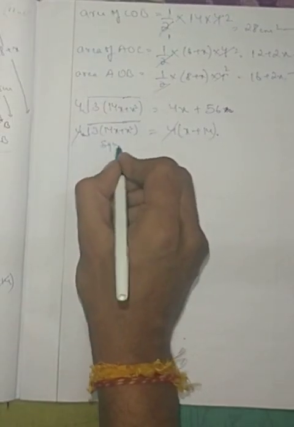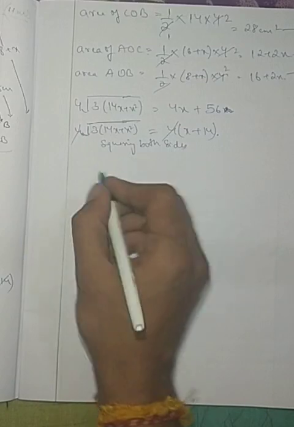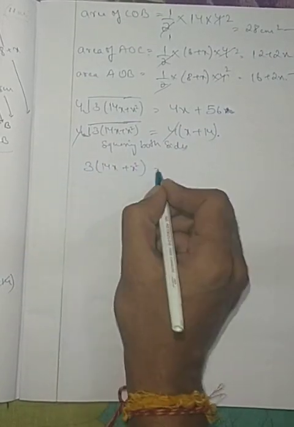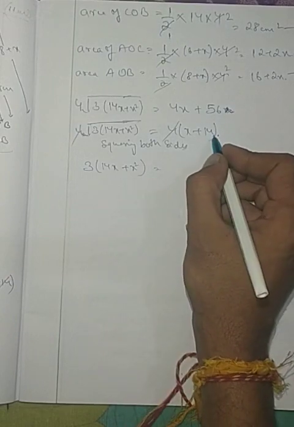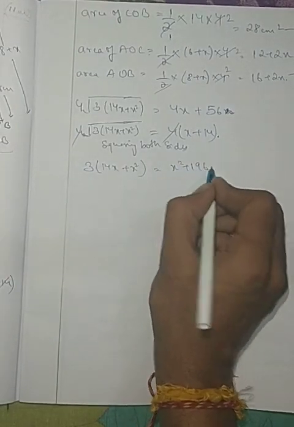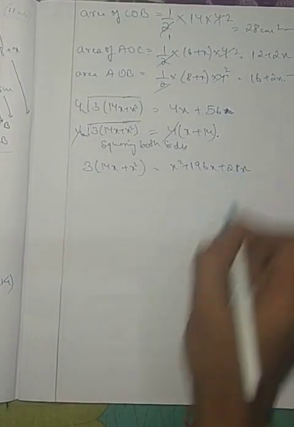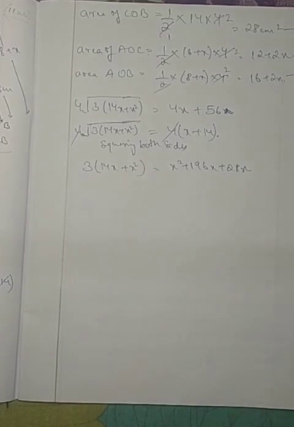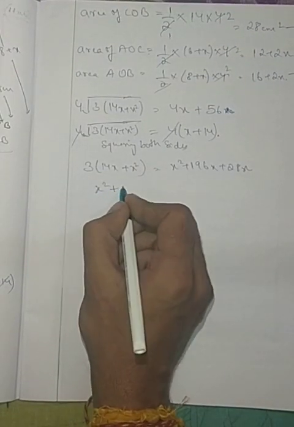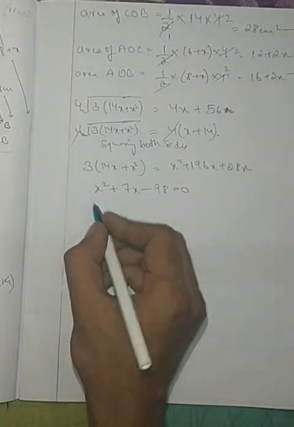Squaring both sides, you will get 3 into 14x plus x square is equal to x plus 14 whole square, and you will be getting x square plus 196 plus 28x. When you rearrange, you will get an equation as x square plus 7x minus 98 is equal to 0.